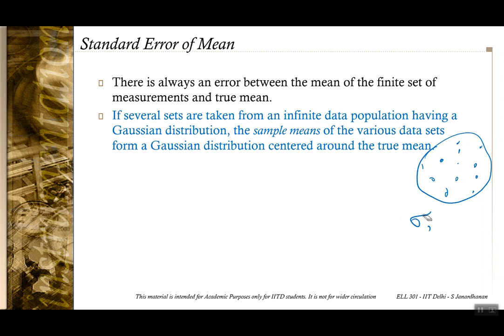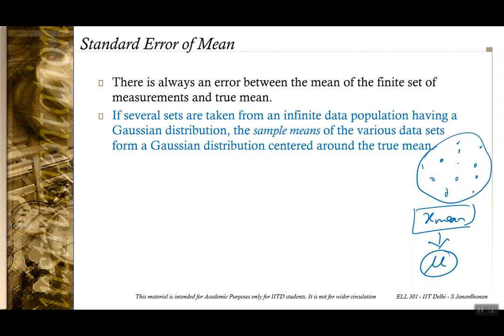You leave out a sigma for now. This mean may be different from the true mean that would have been obtained if you had done an infinite number of measurements.